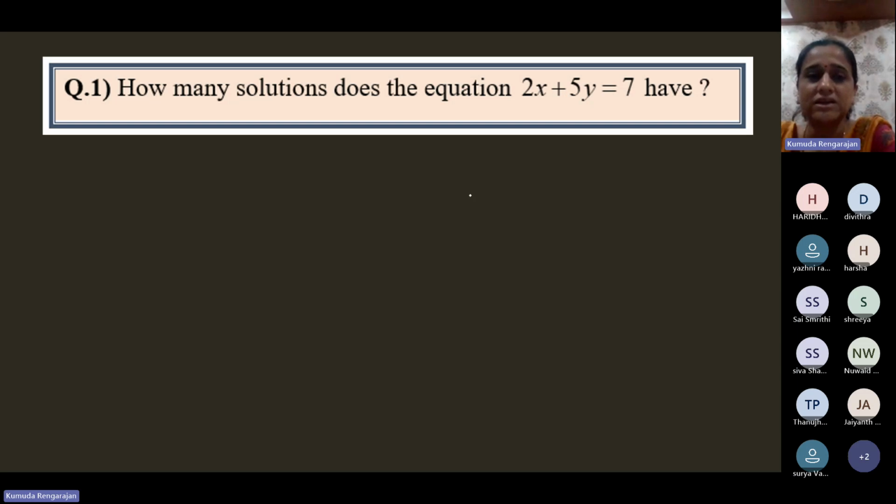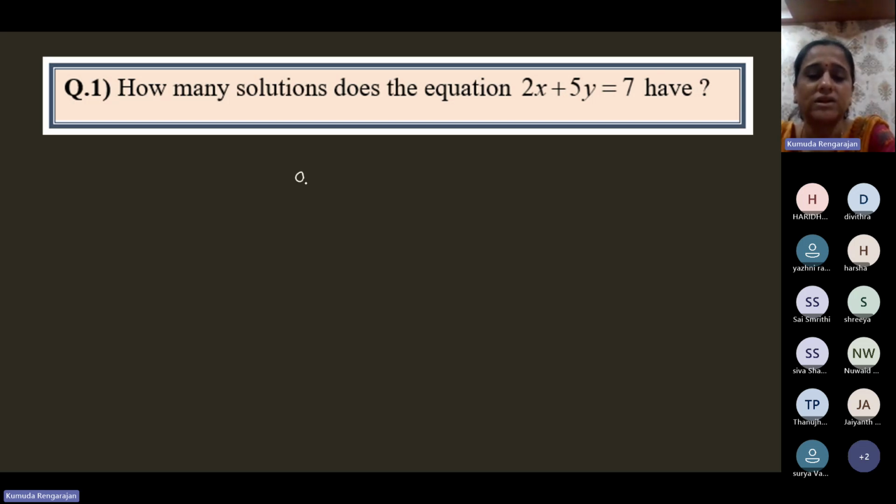Now, graphically, this is a straight line in the Cartesian plane. A straight line has infinitely many points on it, and every point on the straight line is a solution to this equation. Which is why a linear equation in two variables x and y has infinitely many solutions.